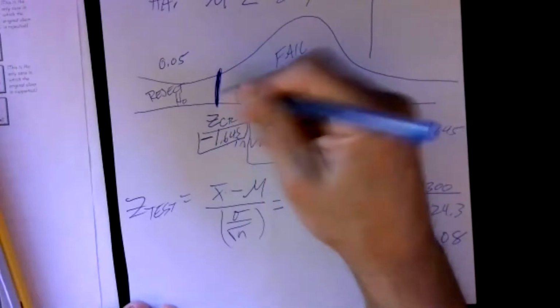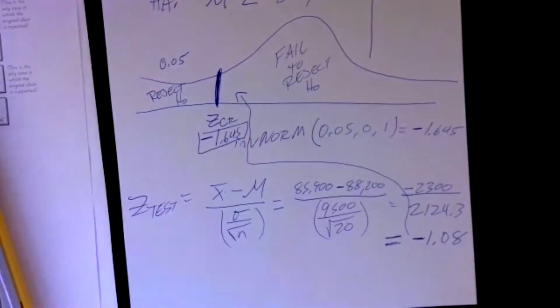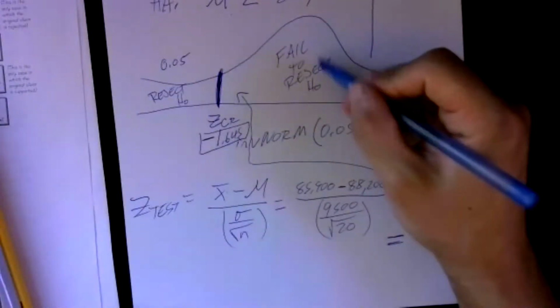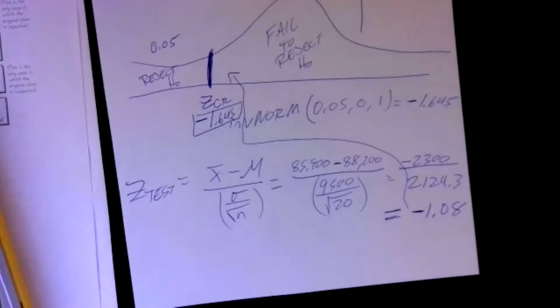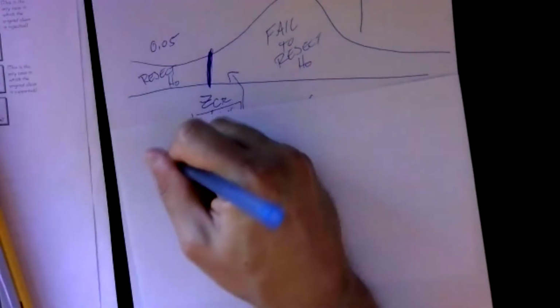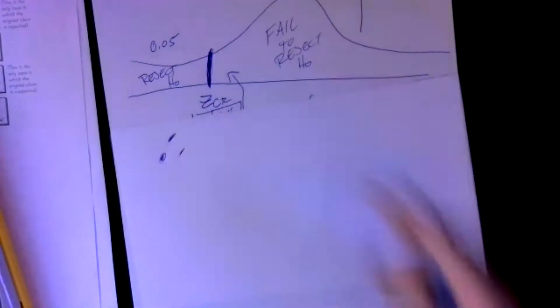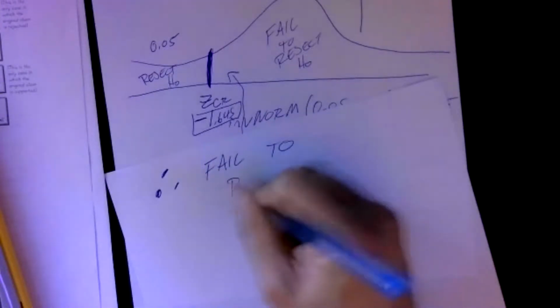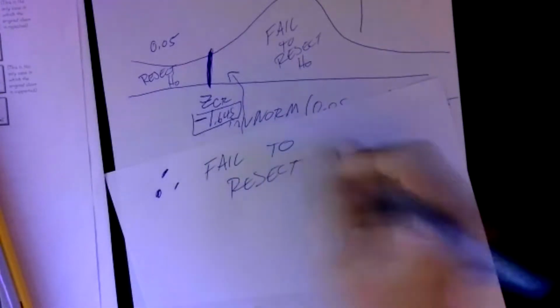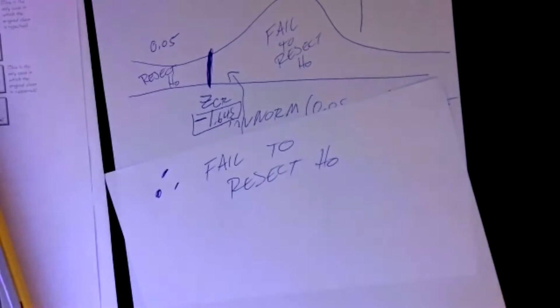To the right, but not too far to the right. Which means it lands in the fail to reject region. Therefore, our decision is fail to reject the null hypothesis.